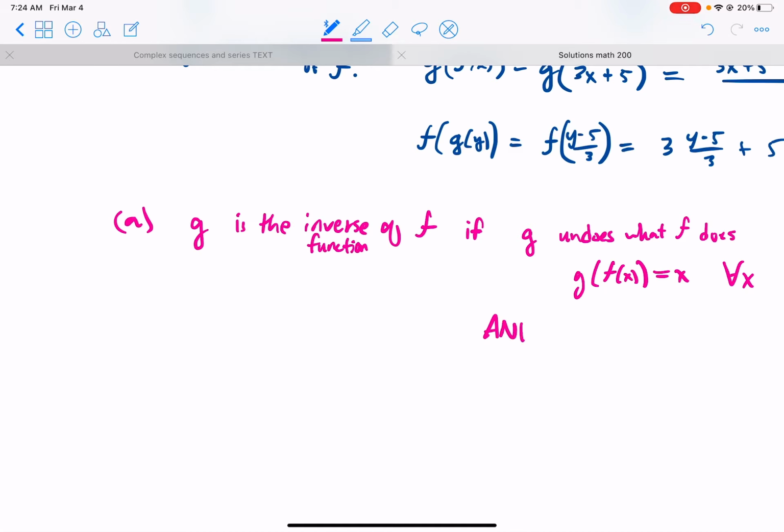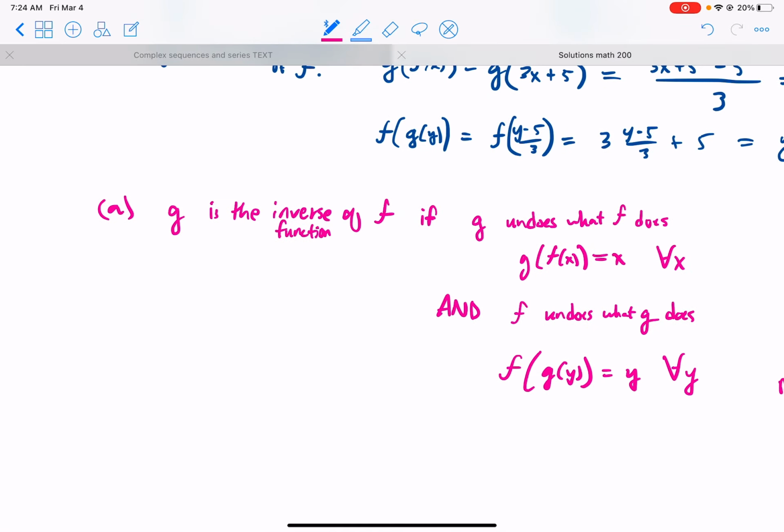And we need one more thing: f undoes what g does. That means that f has to undo what g did for all y. That's it.